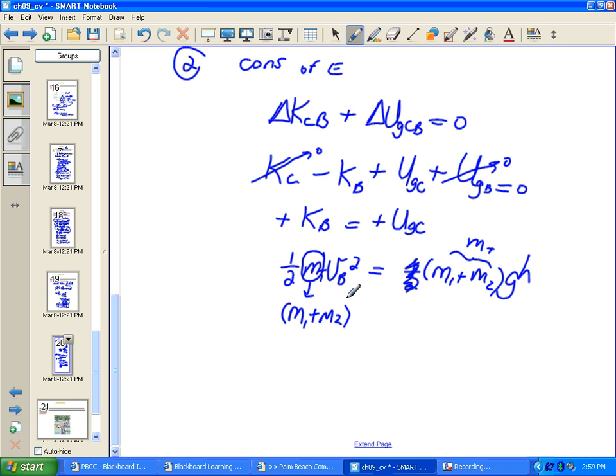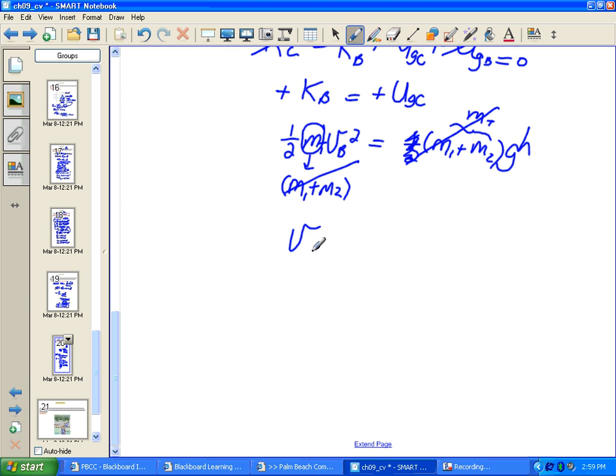Let's see. We have this M1 plus M2 cancels that M1 plus M2. This tells us that V_B squared equals 2gh. And when we take a square root, we get V_B equals the square root of 2gh.